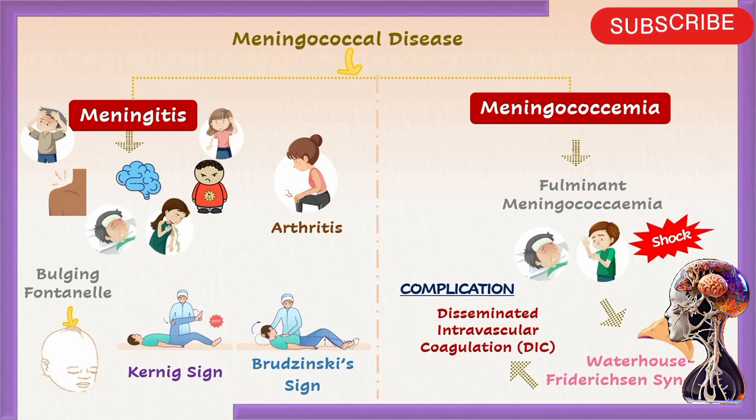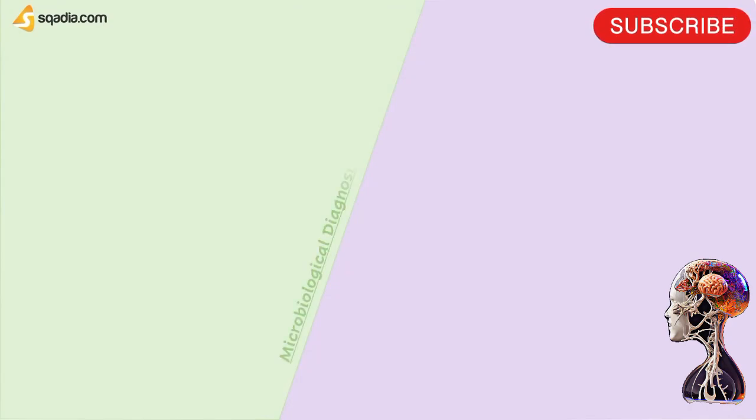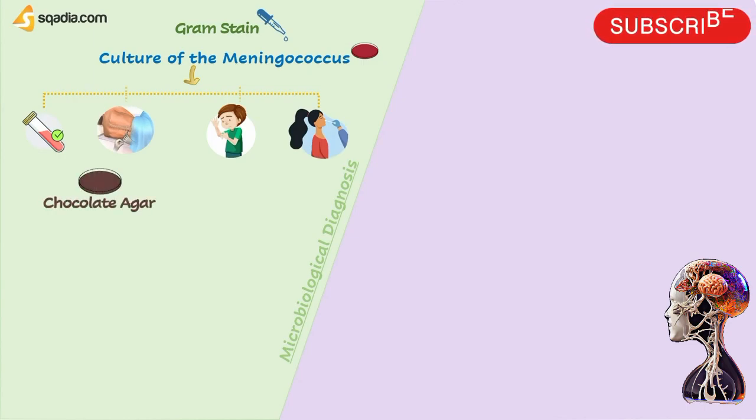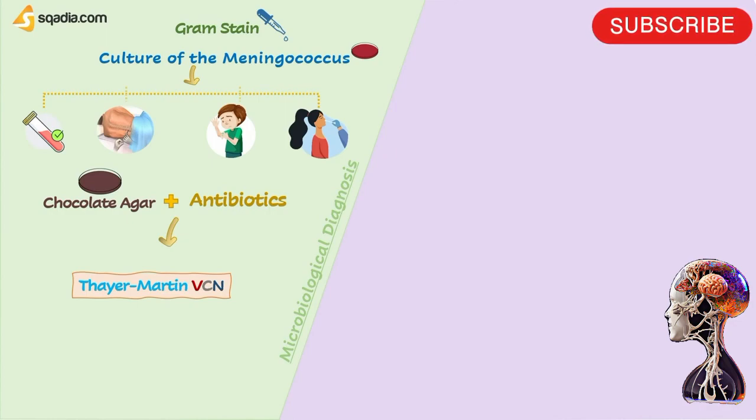Well, the microbiological diagnosis involves the Gram stain and culture of the meningococcus from blood, cerebrospinal fluid, petechial scrapings, or nasopharyngeal swabs. Neisseria grow best on blood agar that has been heated so that the agar turns brown, called chocolate agar. Now, this chocolate agar with antibiotics, called the Thayer-Martin VCN, is the classic medium for culturing Neisseria, where V stands for vancomycin, that kills gram-positive organisms.